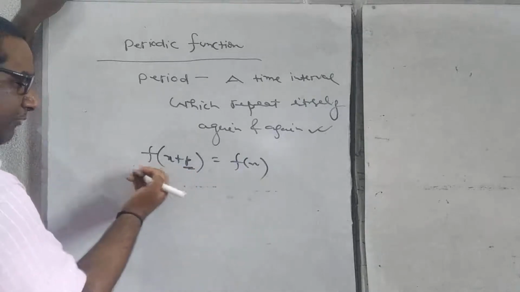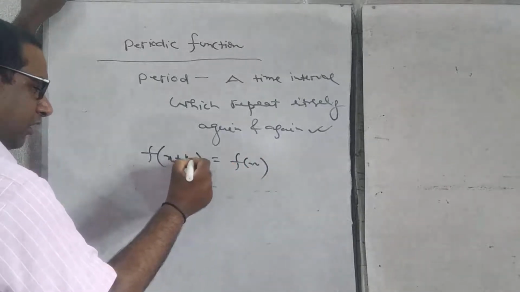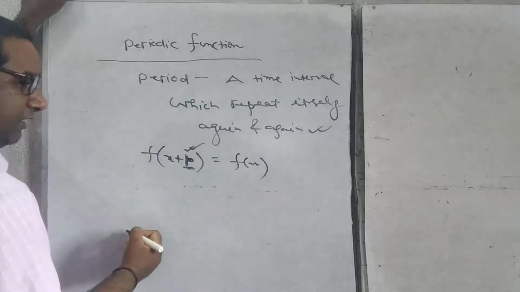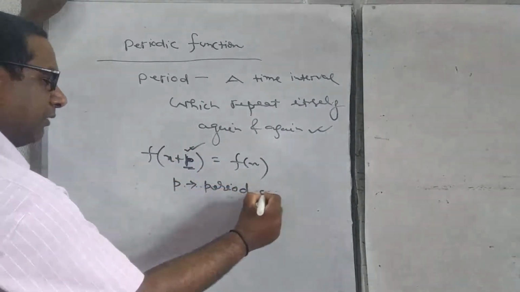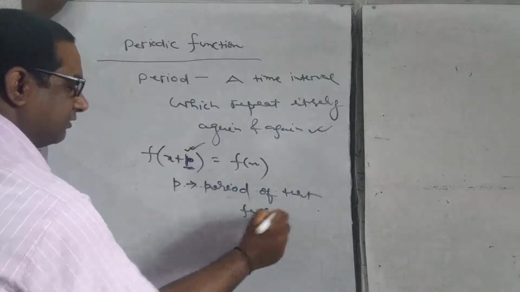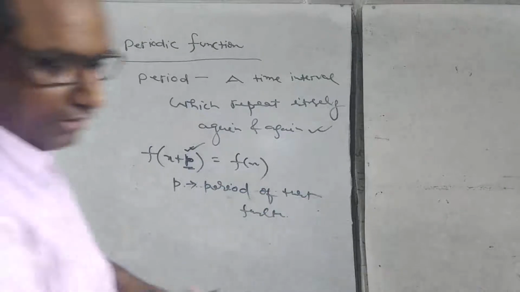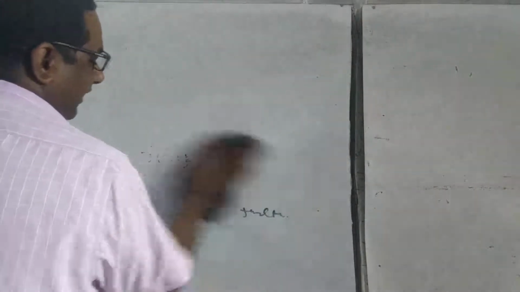See what happened. If f(x plus p) is a fixed value, there is no change by introducing p here. So p is called the period of that function.